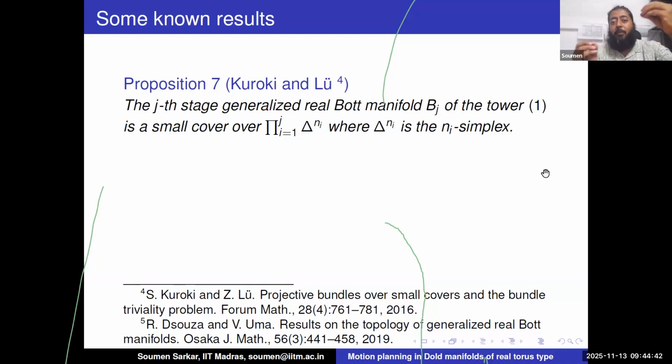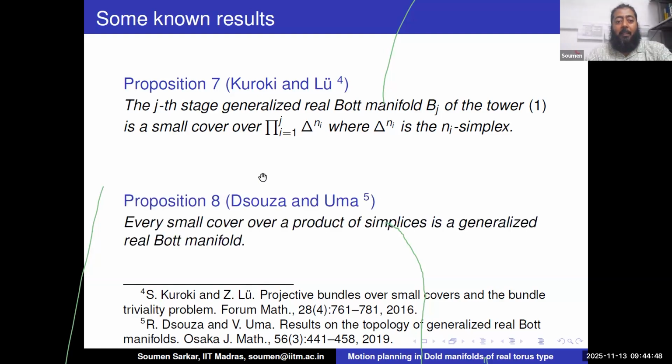That suspension is a nice manifold with corners, but it is not a simple polytope. And there is a converse: every small cover over a product of simplices is a generalized real Bott manifold.